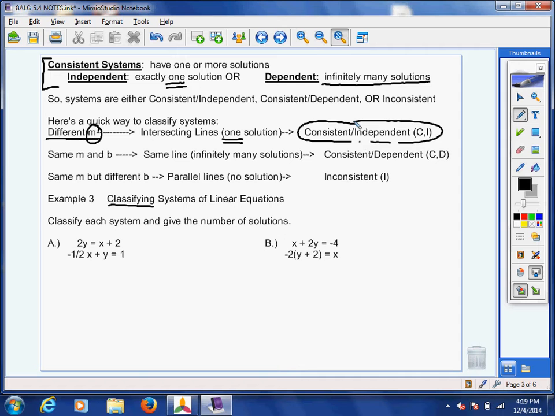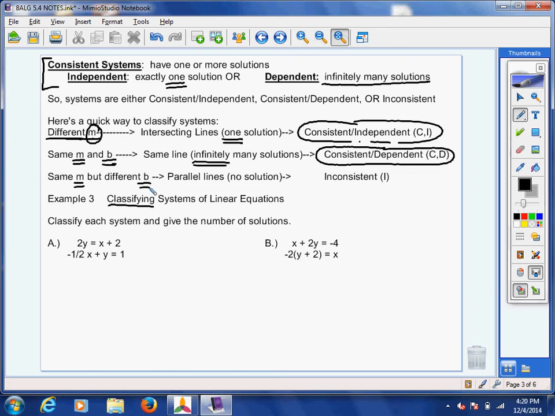That's what we would classify it as, okay? Now, what if they have the same exact slope and the same exact Y-intercept? Well, that's the same line, so we have infinite solutions, and we would classify that as consistent dependent. That's a CD.